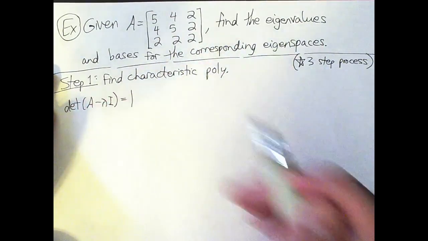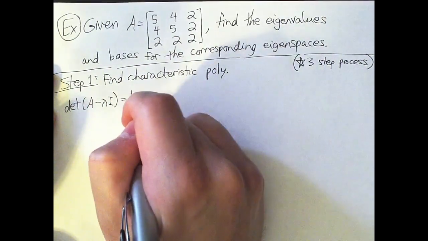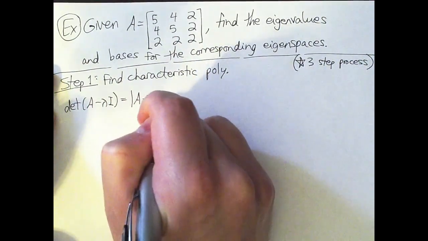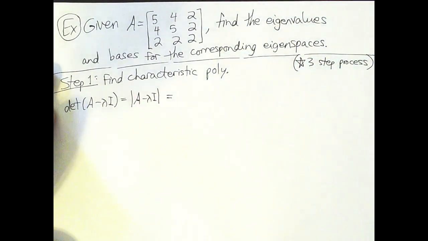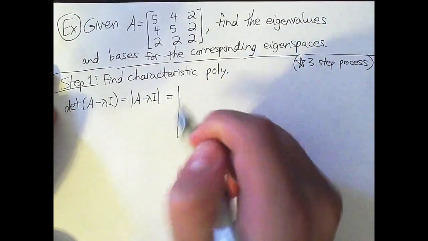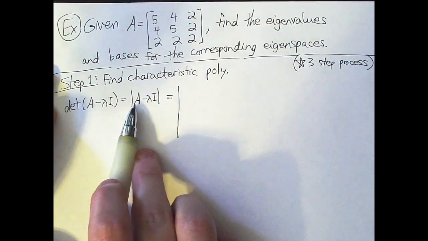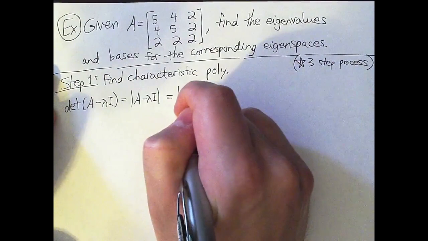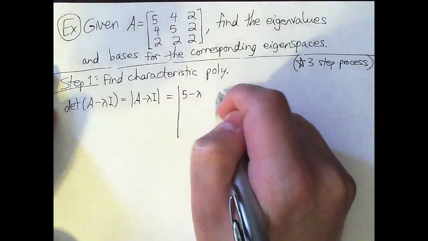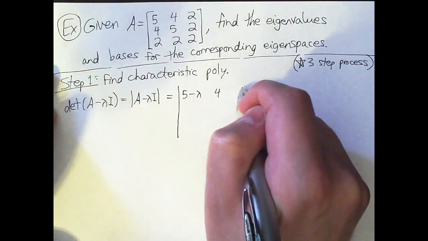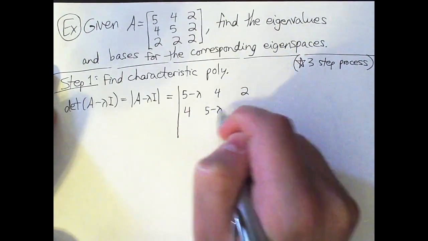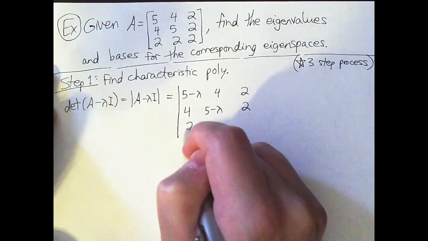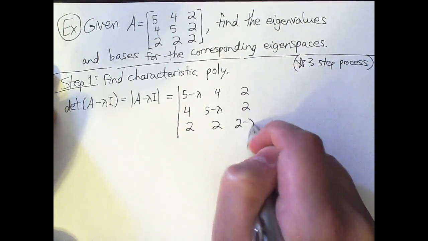Or another way we could write it is just with the vertical bars, A minus lambda I with vertical bars around it. And let's write it out. You know what lambda I looks like. So A minus lambda I is going to be 5 minus lambda, 4, 2, 4, 5 minus lambda, 2, 2, 2, 2 minus lambda.